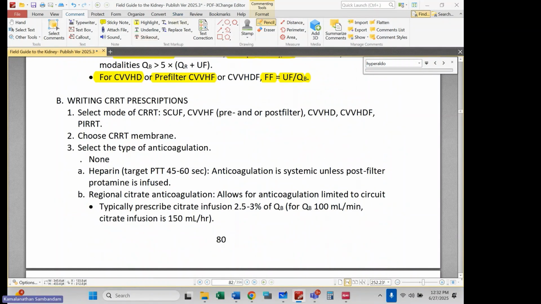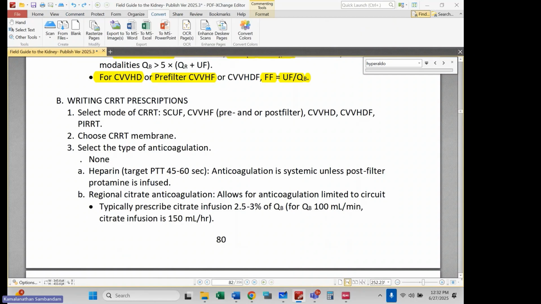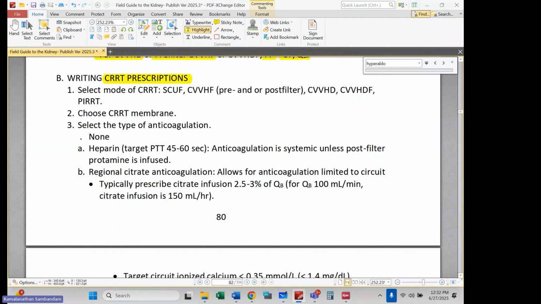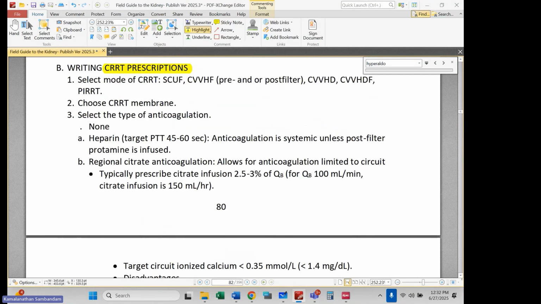With these principles in mind, I'm going to go quickly so I can segue over to essential nephrology, and review CRT prescriptions, because I know our second year fellows can do these in their sleep now. I don't have to make too many tangents, except to say, since you are not commonly using heparin, remember you're trying to achieve essentially full dose anticoagulation.